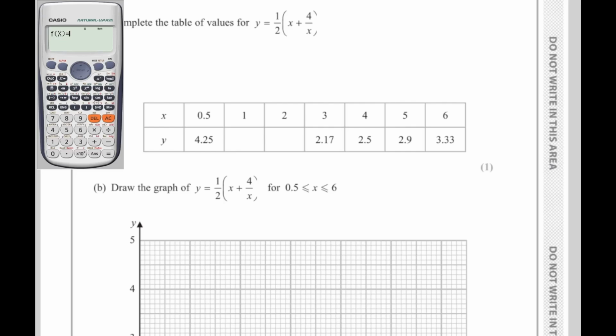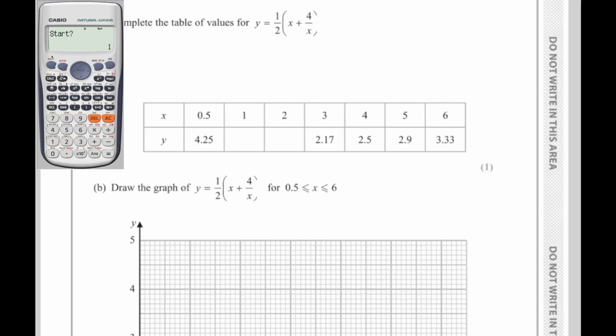So half, 1 over 2, done, brackets, x plus, how to get x: alpha and this bracket on the calculator, x plus 4 over x, then close the bracket. Right, now we have the equation, then press the equal sign. If you are getting g of x, just ignore it and press the equal sign again.